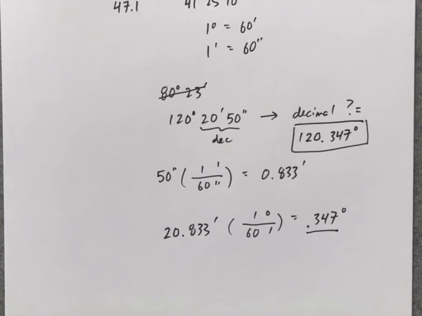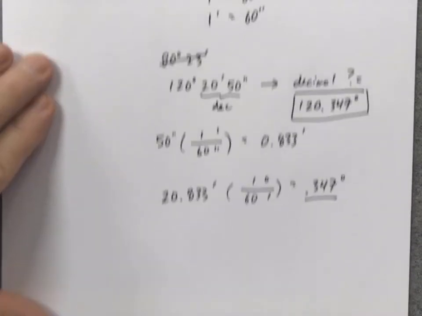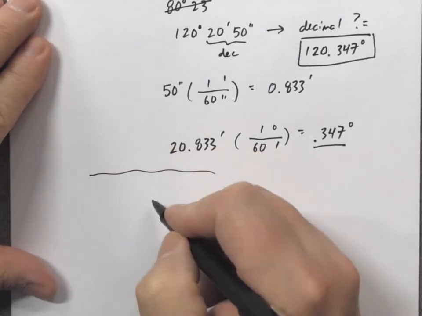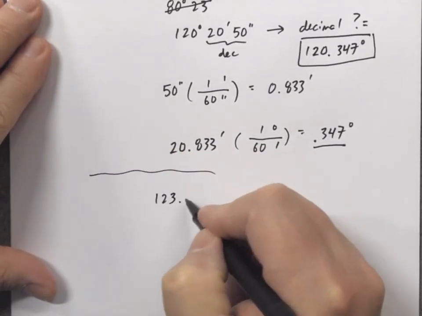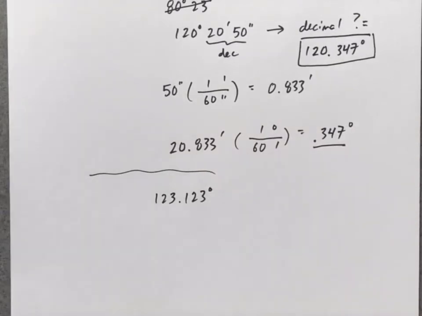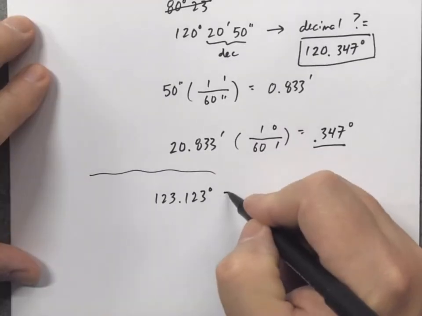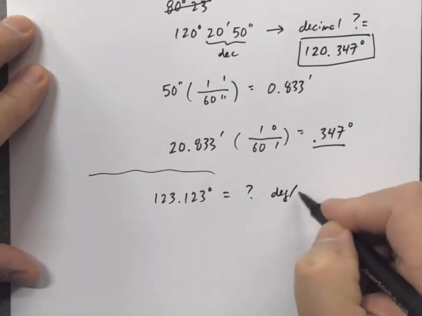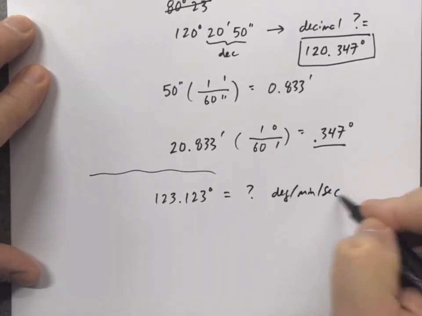Now let's go the other way. Let's take an angle that's given to us in degrees, and we want to know what it is going to be in degrees, minutes, seconds.